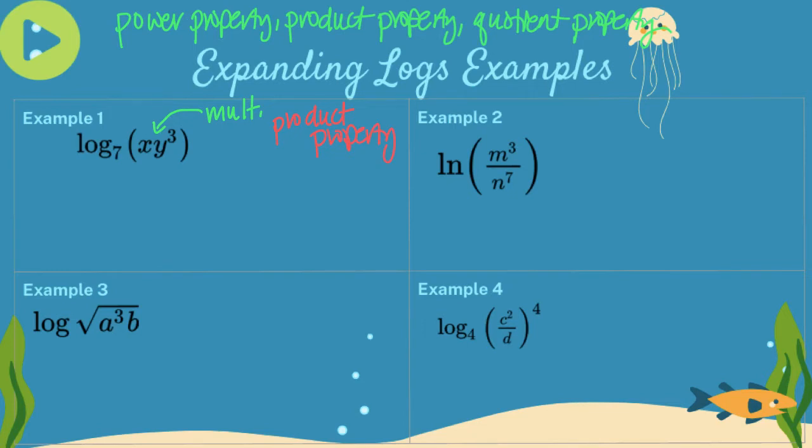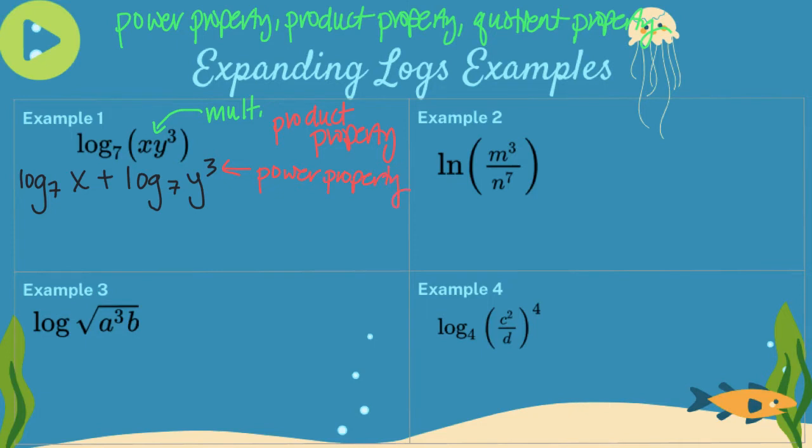So I can expand this logarithm to become log base 7 of x plus log base 7 of y cubed. Now when I look at this expansion, I notice that I have an exponent here. And this exponent here indicates to me that I can use the power property.